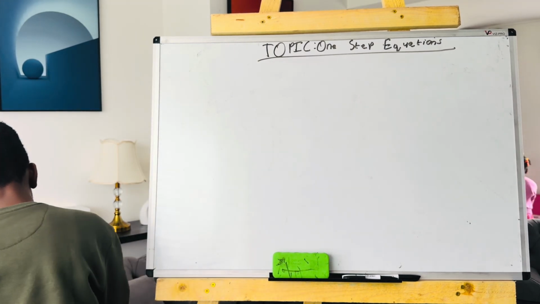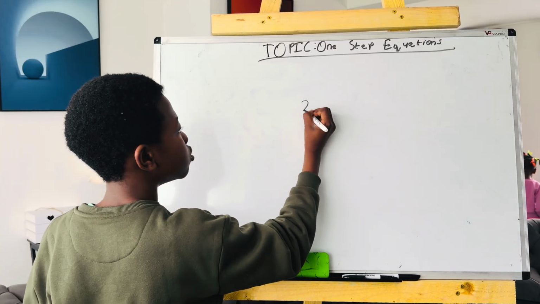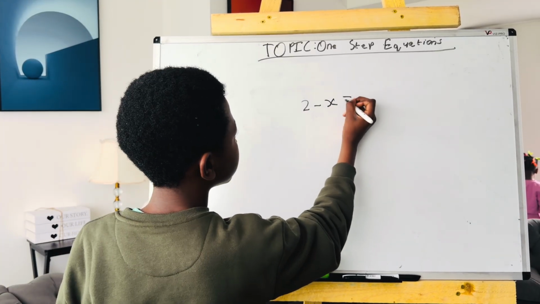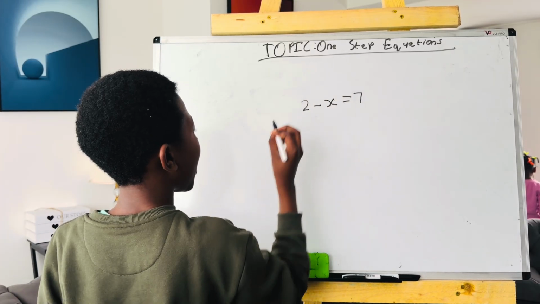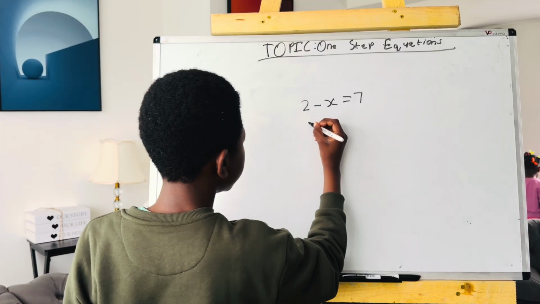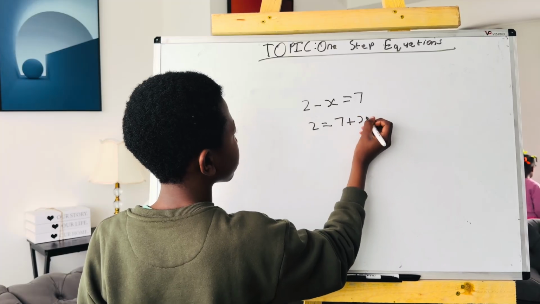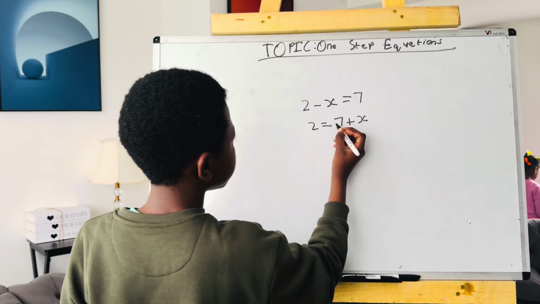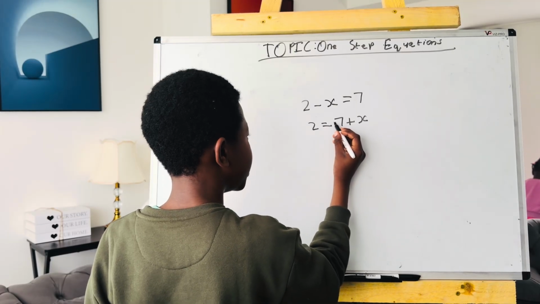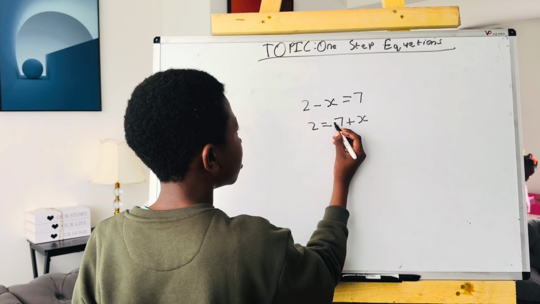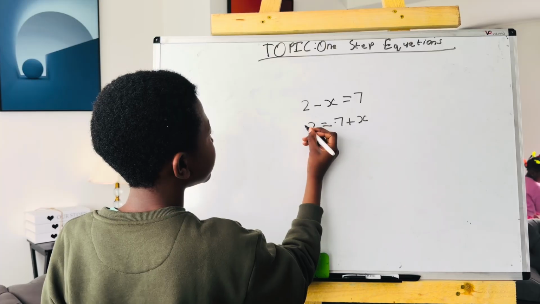So one last equation. Let's do 2 minus x equals 7. We put x on the other side by adding x to both sides of the equation. So you have 2 equals 7 plus x. Then we do the same thing. But 7 doesn't have an addition or any operation symbol. Whenever any number is left by itself like this, that means it's already in positive form.